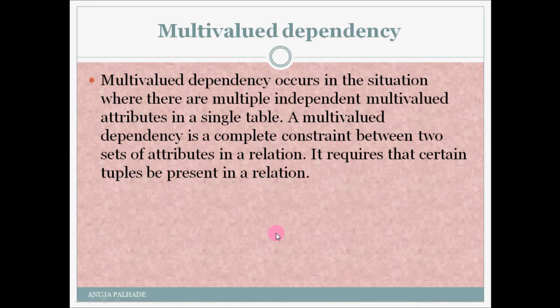Now multivalued dependency. The multivalued dependency occurs in the situation where there are multiple independent multivalued attributes in a single table. These multivalued attributes you can find after the normalization of the table. A multivalued dependency is a complete constraint between two sets of attributes in a relation. It requires that certain tuples be present in a relation.